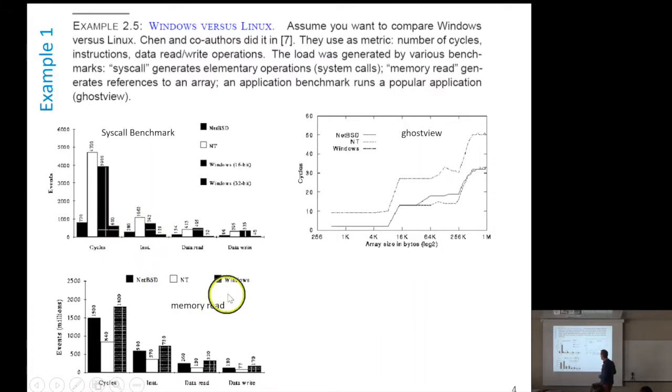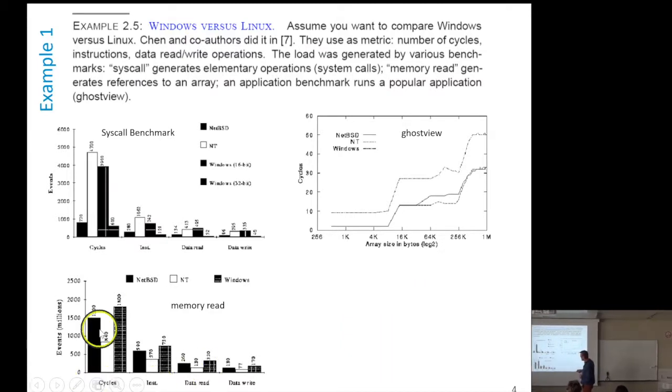No, sorry, this is not for different benchmarks. This is memory reads generating references to an array. So this is a benchmark that was made by the people who did it. So we see here the concept of benchmark that we will use a bit later. And here what's important to discuss is whether the things they are measuring are the correct ones.